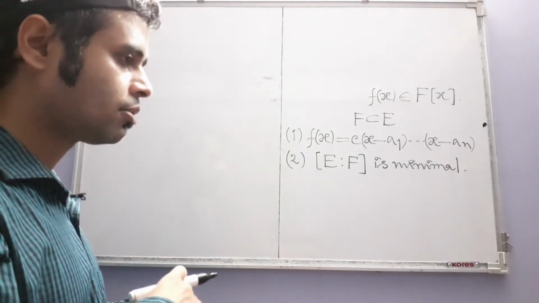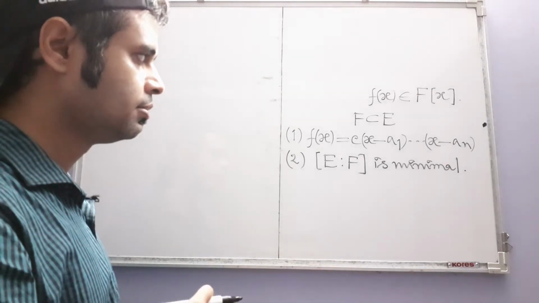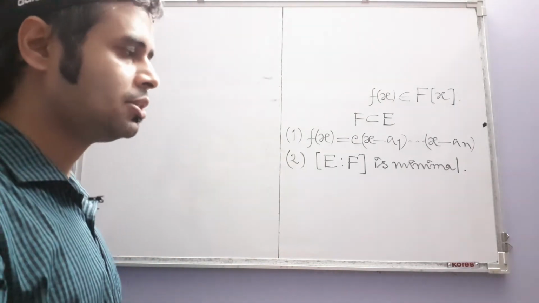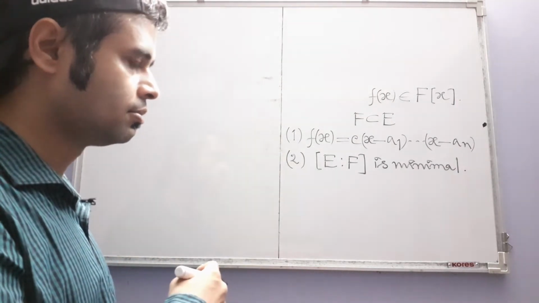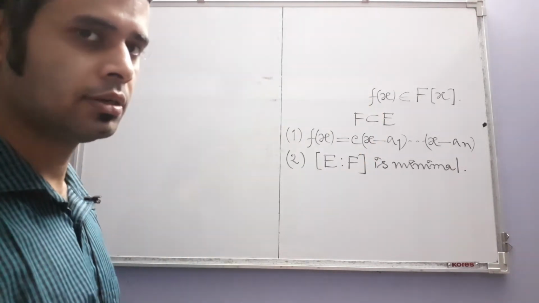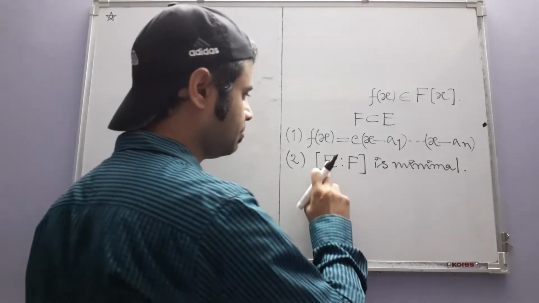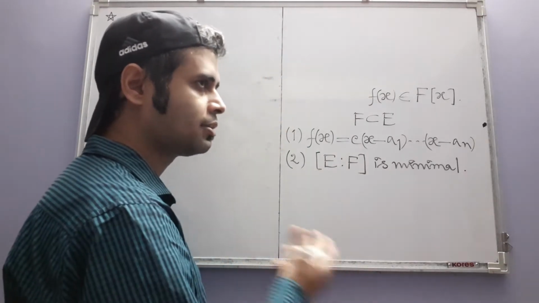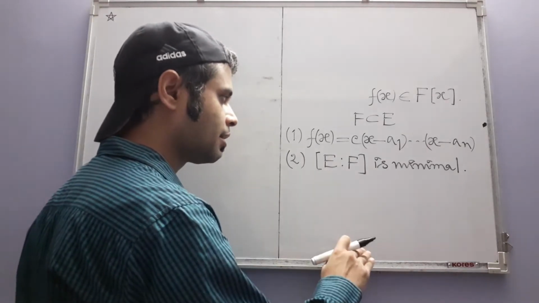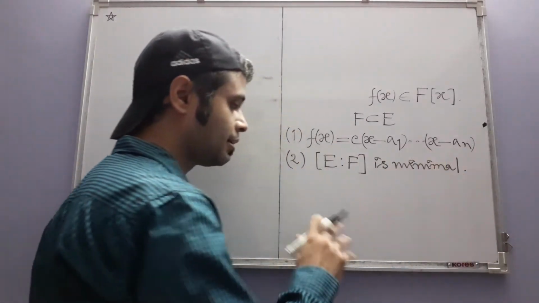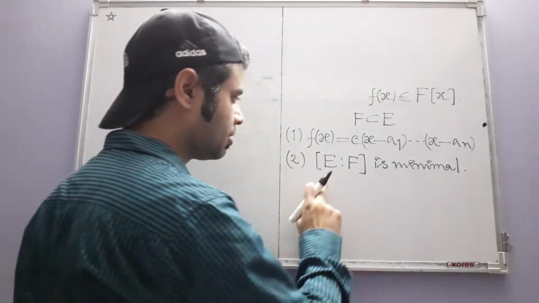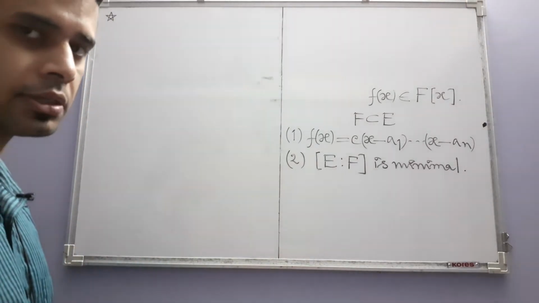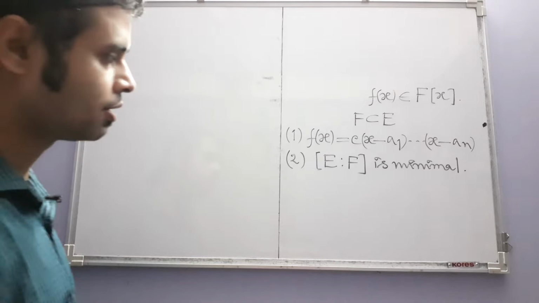So on the one hand you have to enlarge the field, but to control this at the same time we have this second condition also, that we are going to take a large field but only large enough so that we have this factorization and not more than that, and that is why we need this degree to be minimal.